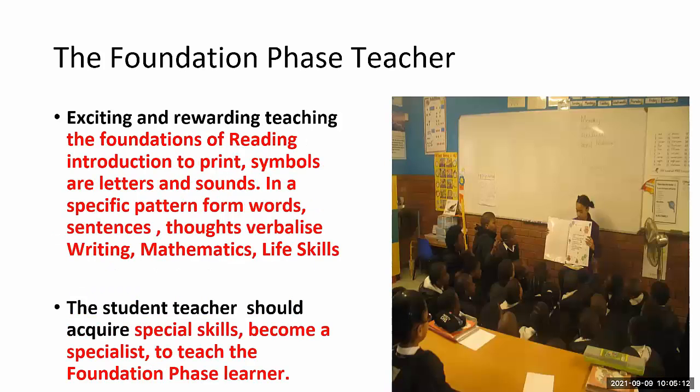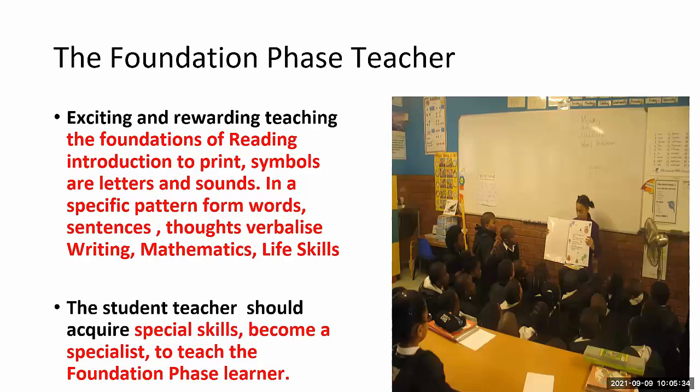And the next slide. So to teach in a foundation phase, there you can see, look at the picture, it is exciting and it is rewarding because we must teach the foundations of reading. Now, reading, we must introduce them to print. We must introduce them to a book.